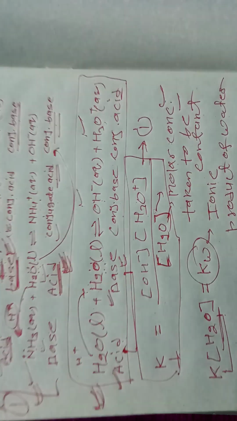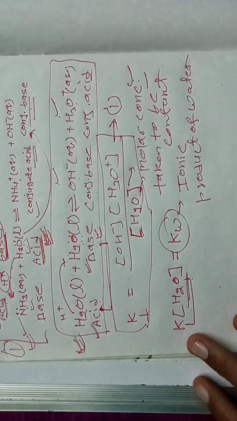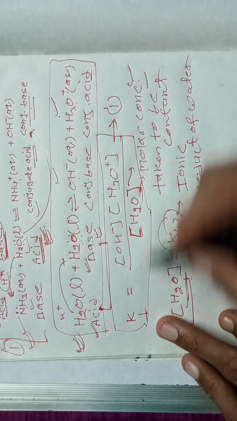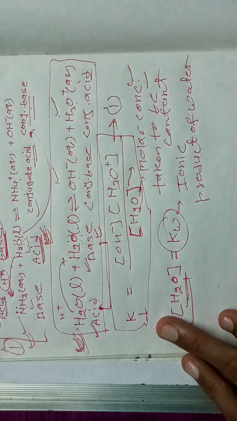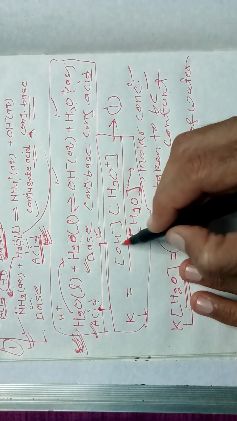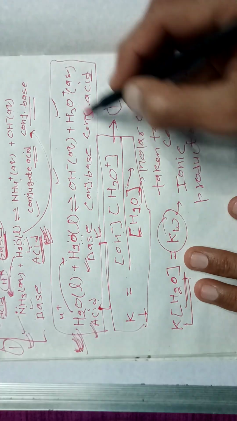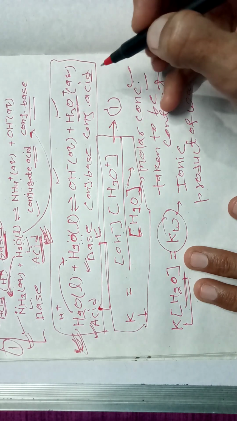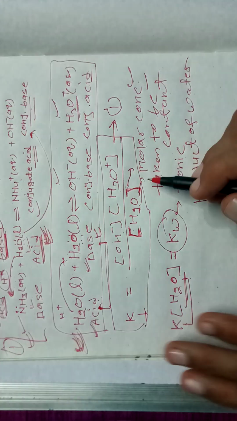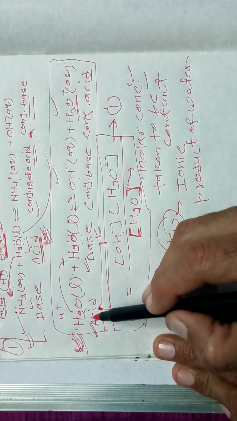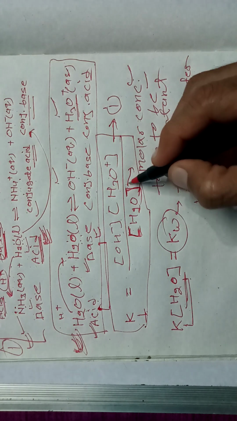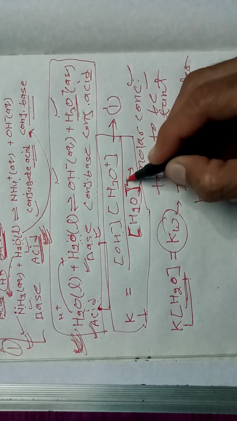Now if we write the equilibrium expression, the equilibrium constant K for this reaction can be written as what? K is equal to [OH minus][H3O plus] by [H2O]. Now here a question arises: we have taken two molecules of water, but we have not written the square.